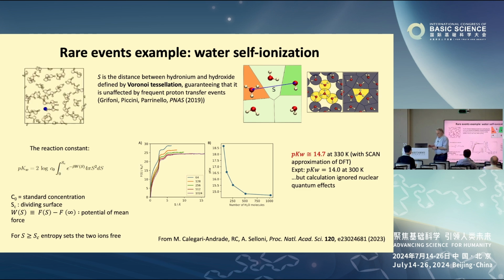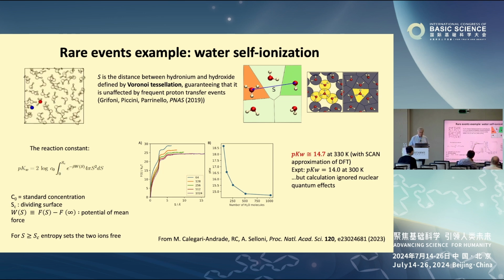And that is what happens in this situation, and we could study the convergence with the system size and get a pKw that should be 14, because pKw is equal to twice the pH, and should be 14, but we got a value of 14.7, which is not bad at all, although I must say that this calculation was purely classical.